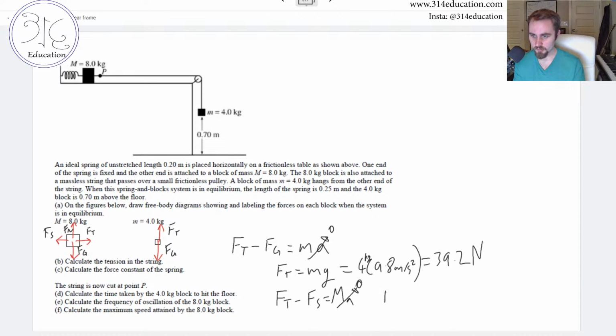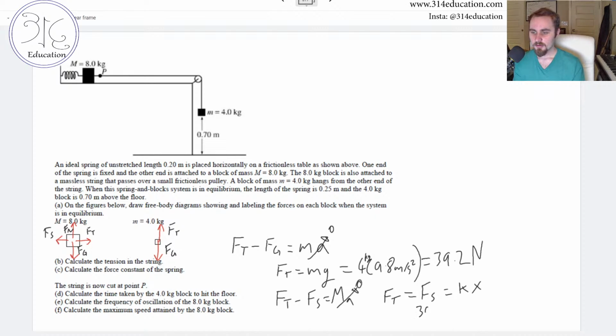So we get our tension force, which we just calculated, is equal to our spring force. So that tells us this is equal to our k times x. The negative is just to tell us the direction, but this is going to give us the magnitude. And this k is what we're looking for.